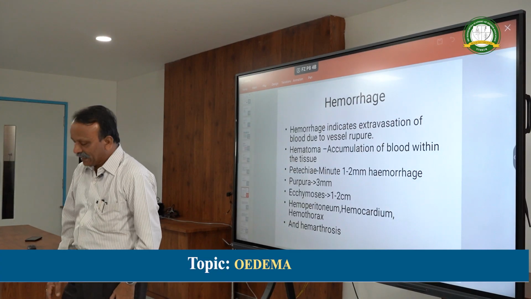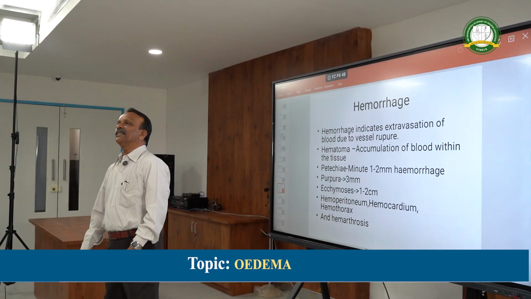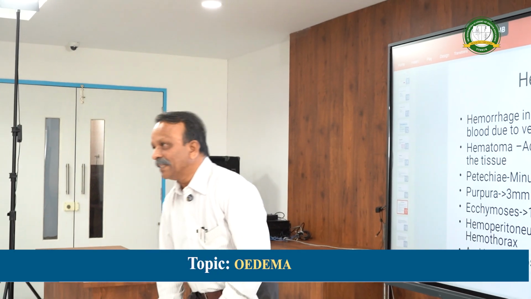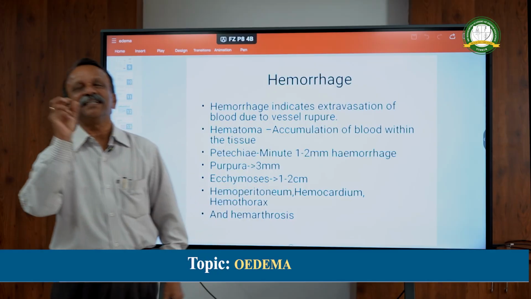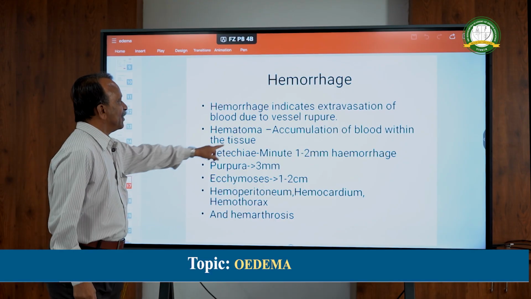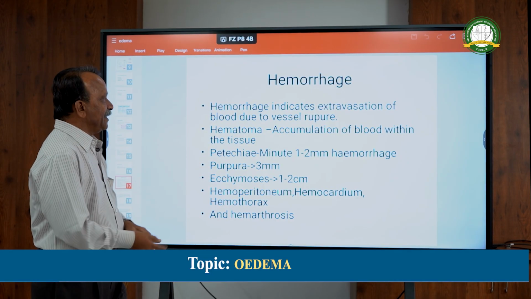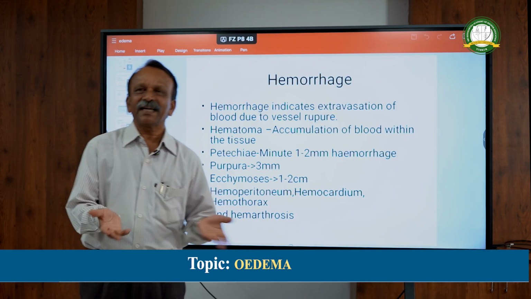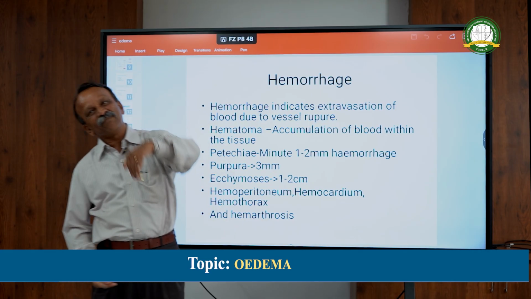For example, there is one condition called hemophilia, that is factor 8 deficiency. In that case, because of hemorrhage, the blood collects in the joint cavity. And in cases of leukemia, that is blood cancer, there will be a decrease in the number of platelets.